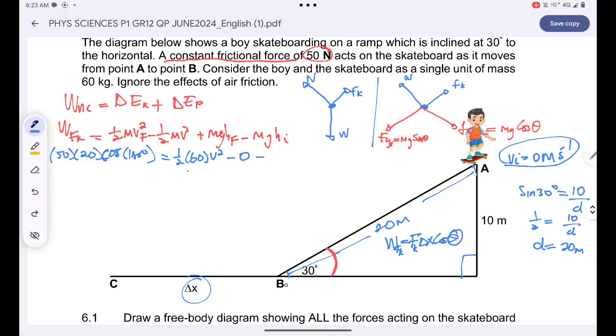Then finally, when the boy and the skateboard reach the bottom at position B, the height above the ground will be 0 meters. When the height is 0, it simply means potential energy is also 0.